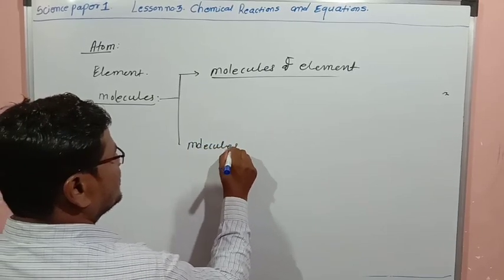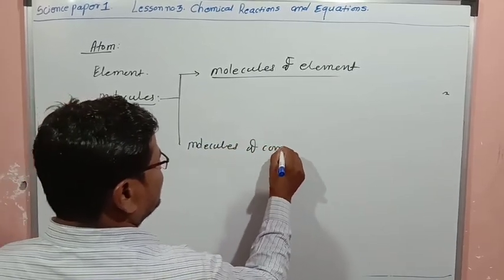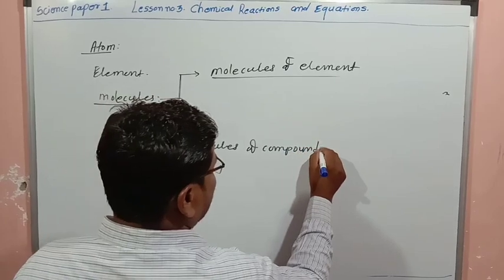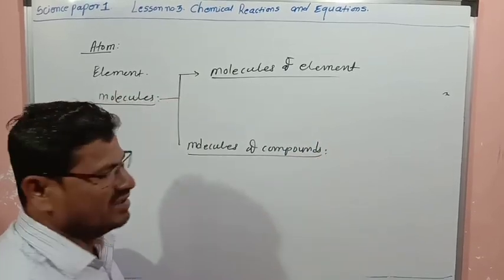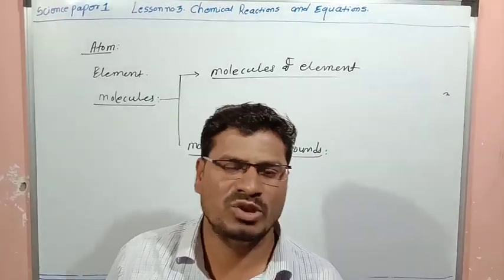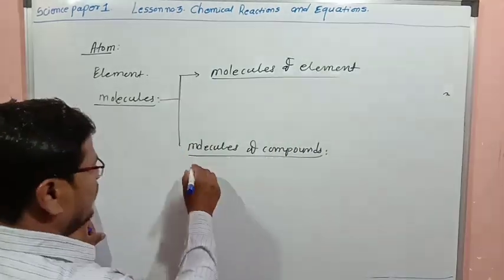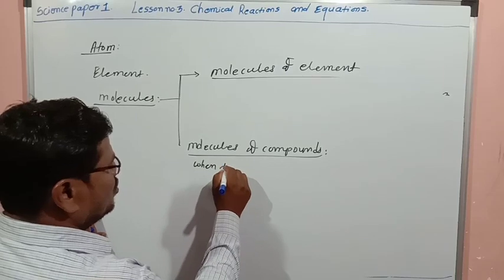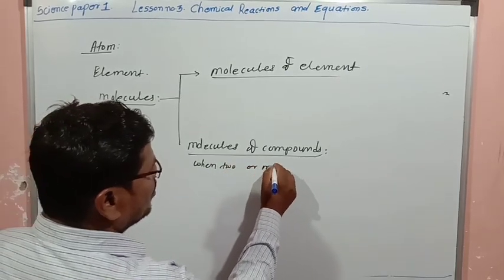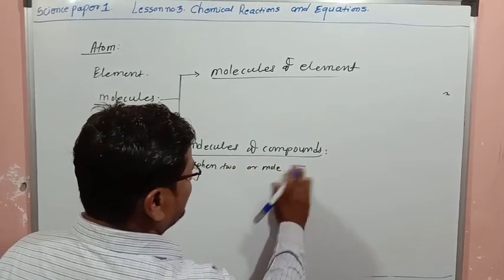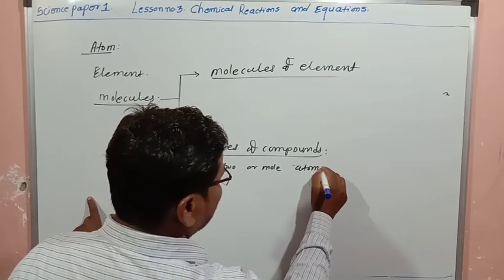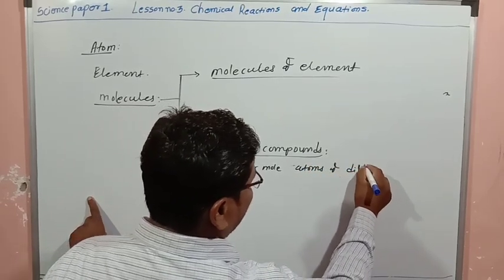When you are saying compound, 2 or more atoms of different elements combine in a fixed proportion.